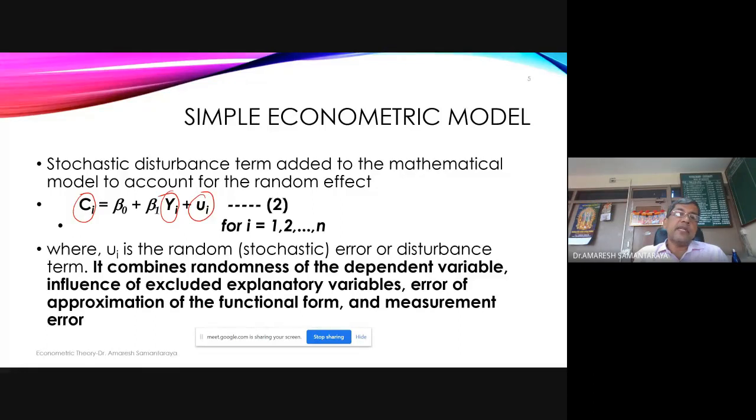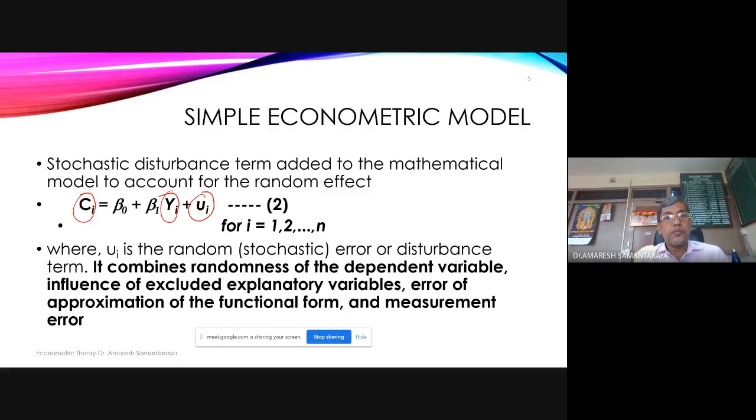If the nature and properties of Ui are as per certain criteria, then you can estimate an econometric model which will be very useful to capture the economic relations or explain the economic behavior of your agents. And that will help you in empirically measuring the economic relations more appropriately.